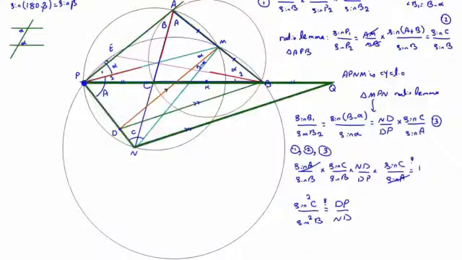In this triangle, and for this line, because these two are parallel to each other, we can say ND over DP, and ND is PB over BQ. So let's write DP is PB. Instead of ND, you can write BQ.